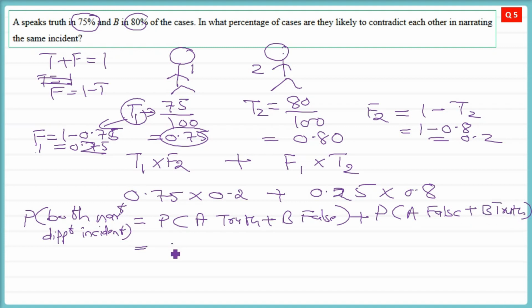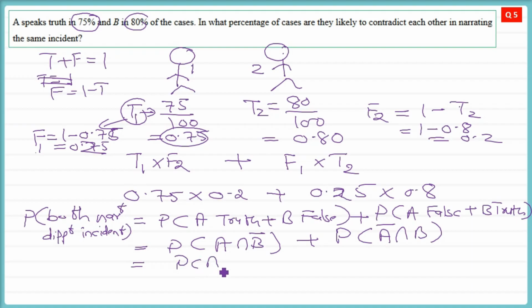In order to write it in probability form, it will be A intersection B not, where false is not. Then A not intersection B, where A not is A false. These are independent events, that is A and B are independent events. So this will come out to be PA multiplied by PB not plus PA not multiplied by PB.